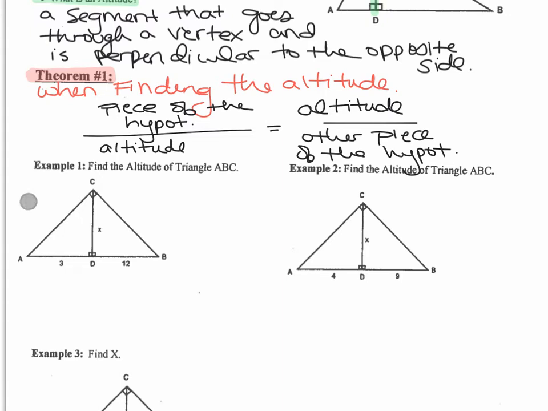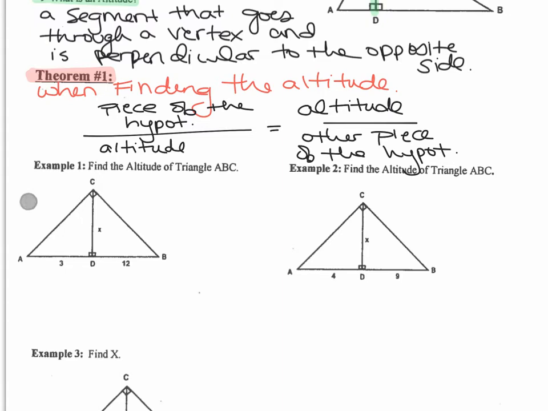So I'm looking at right triangles here. How I find the altitude is by using the geometric mean: piece of the hypotenuse over the altitude equals the altitude over the other piece of the hypotenuse.